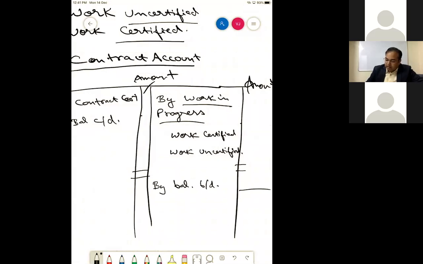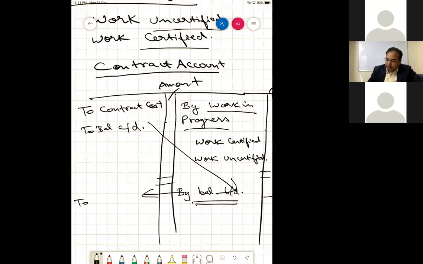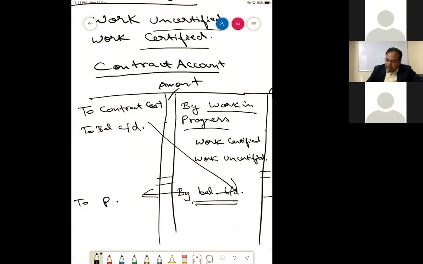We enter the same balance which we have transferred. Then from this balance, we transfer some of the profit, that is to profit and loss account.